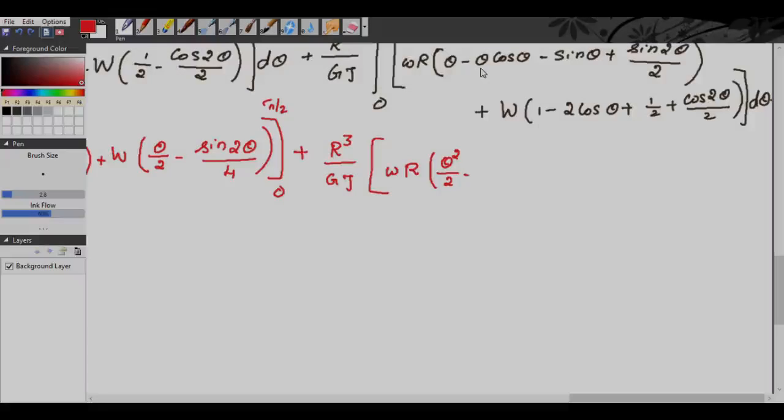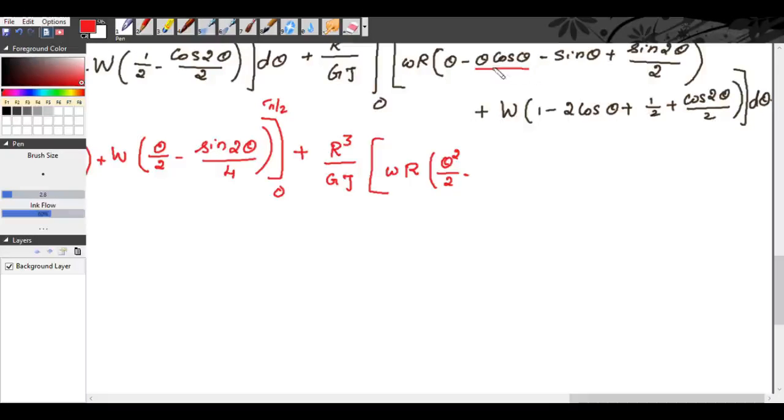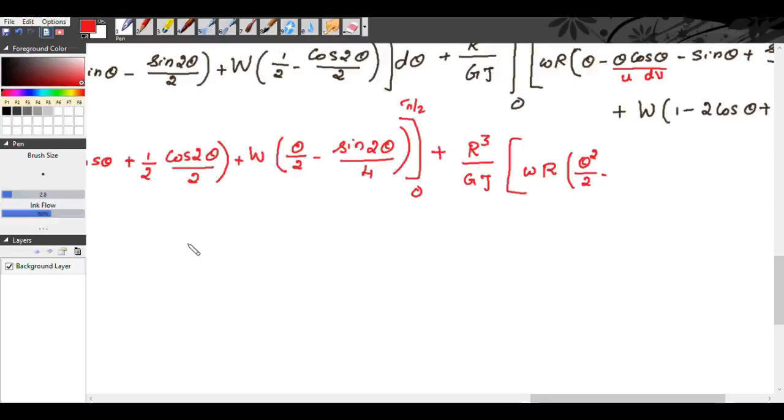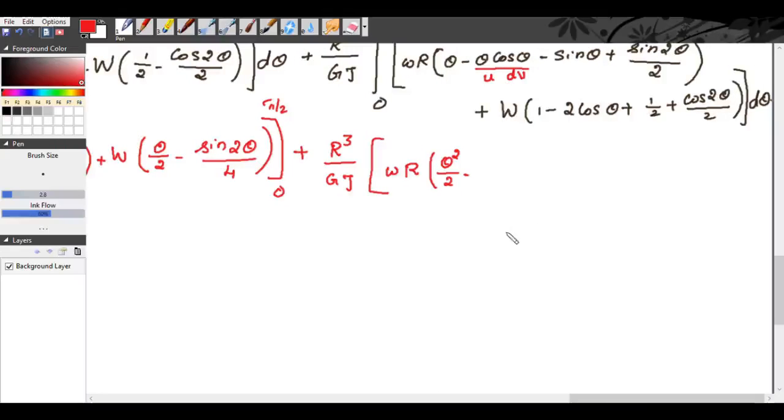So integration of theta cos theta. So minus theta into cos theta. We can take this theta as u and cos theta as dv. So I will explain here: you have to integrate minus of theta into cos theta into d theta.